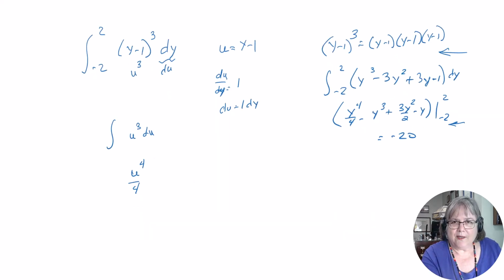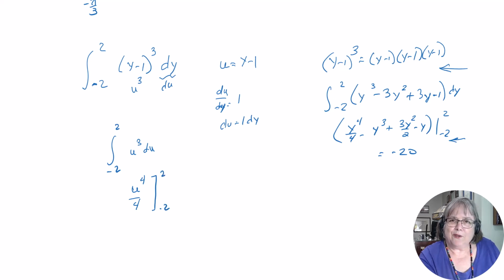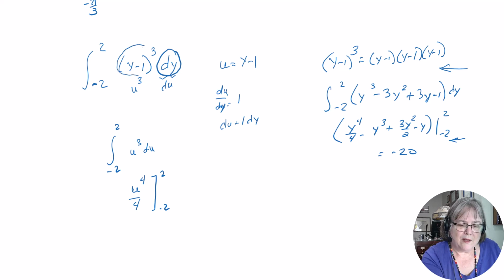But in this case, we're doing a definite integral, and I need you to be really clear about something. If you put minus 2 to 2 right here, and you say we're going to evaluate this from minus 2 to 2, I need you to stop and listen to what I'm saying. If this is a dy right here, these have to be y, which they are. But these are also y's. So these are y values.